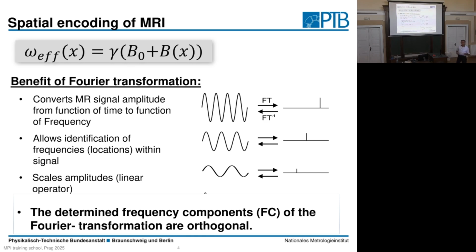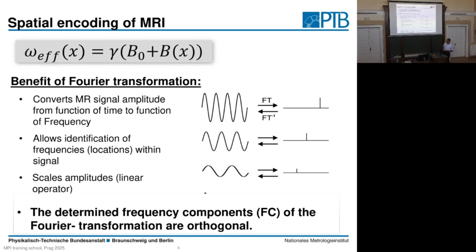Depending on the position, we have a slightly different frequency. The benefit of the Fourier transformation in this case is that we can transform a function of time, the measurement signal, to a function of frequency. By identifying this frequency, we can identify the locations. Further, it scales with the amplitude, so it's a linear operator, which is important for the mathematical operations.